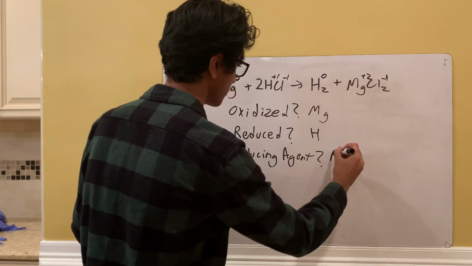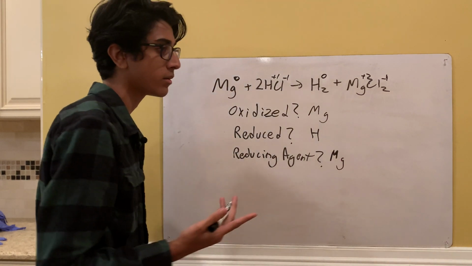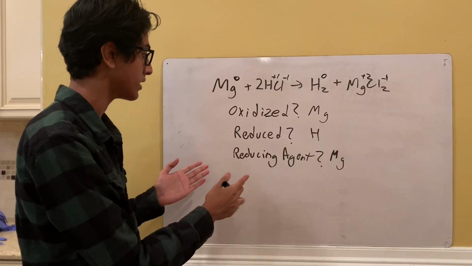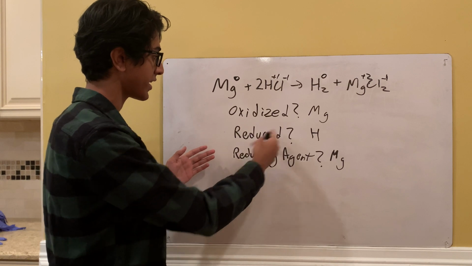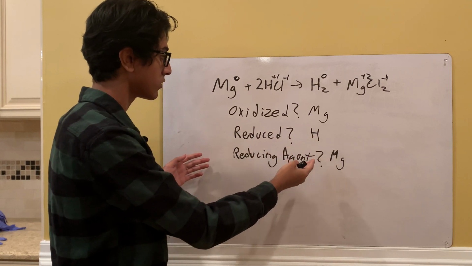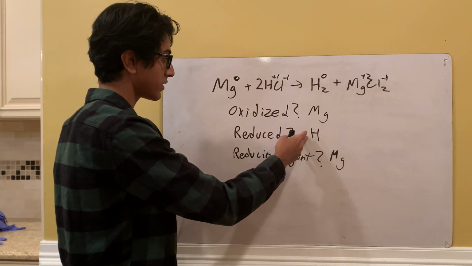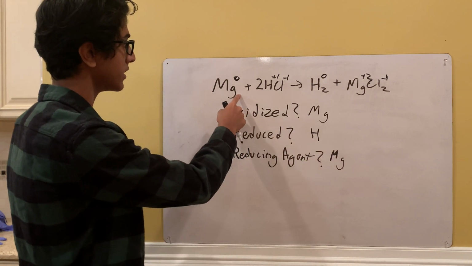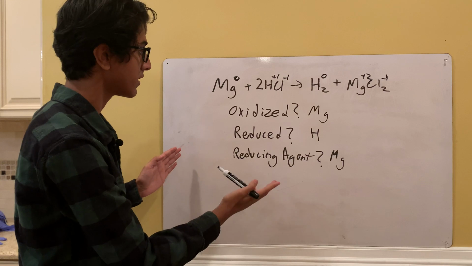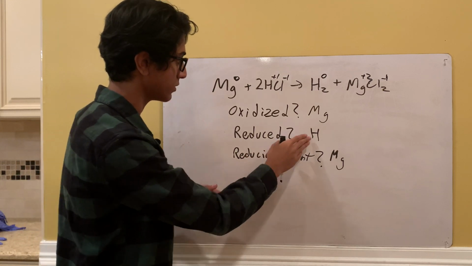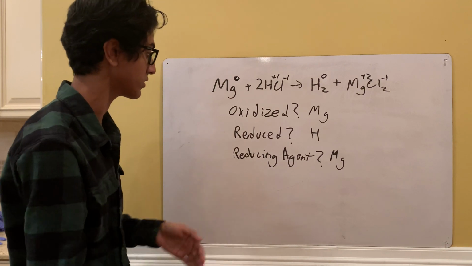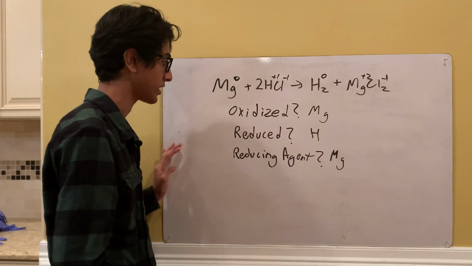But if you want to think of it more intuitively and practically, it's whatever is causing the thing to be reduced. So magnesium is causing H to be reduced, since magnesium is losing electrons, and that means it's giving them over to the H. So technically it's the reducing agent, helping H be reduced. That's just another way to think about it.